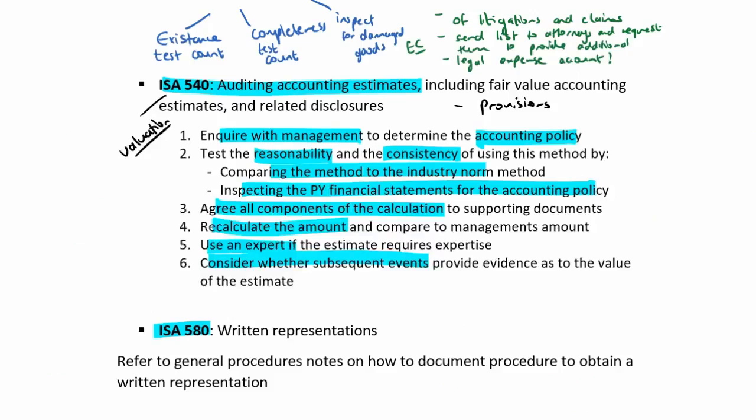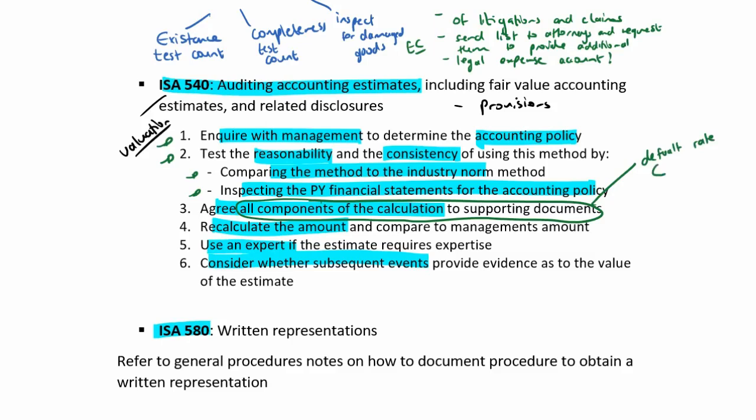And there they are. First, what is the policy we asked for? We test its consistency and its reasonability by first comparing it to the industry norm for reasonable, by comparing it to the prior year for consistency. Agree all components of the calculation to supporting documents. And that's now when we said go and test the default rates, because this is the calculation.